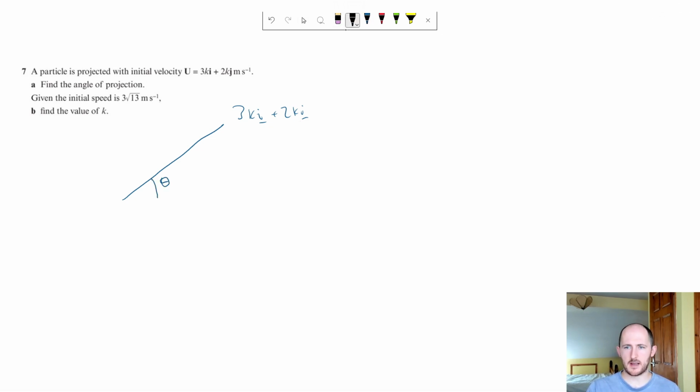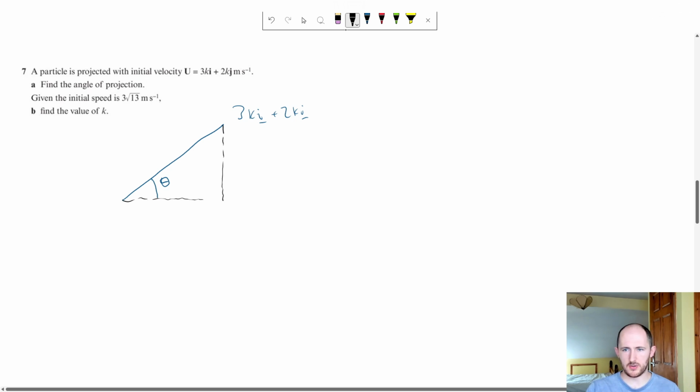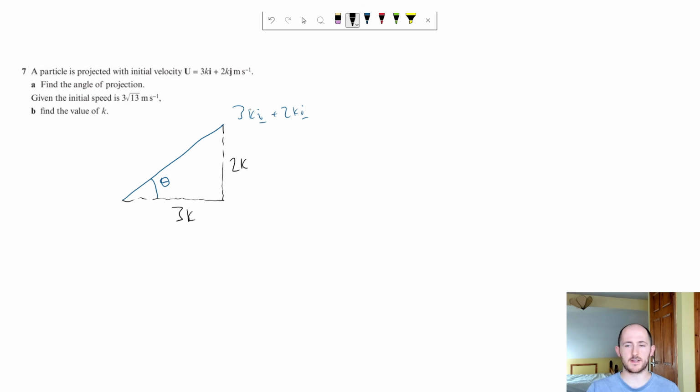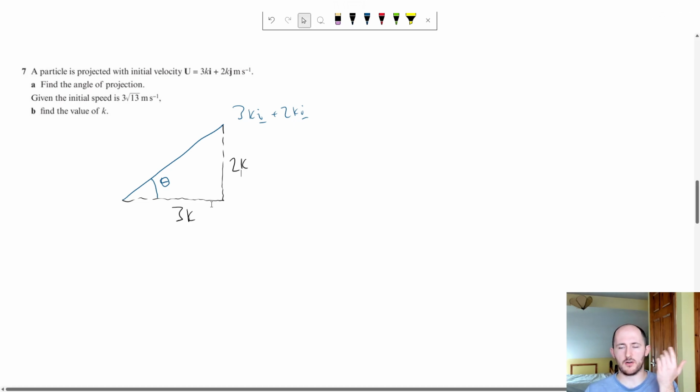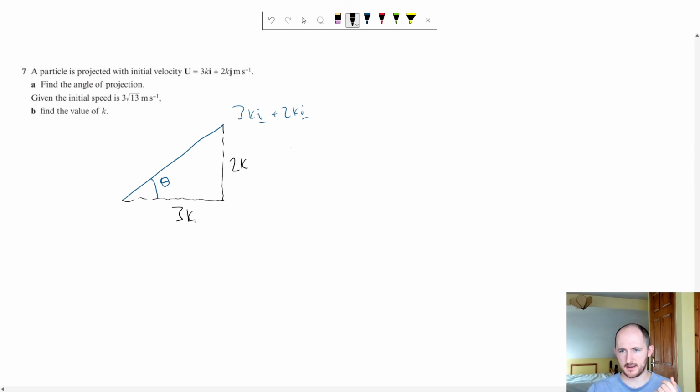Now, we can break this up into horizontal and vertical components. The really good news about IJ notation is the first number is literally just the horizontal part, and the second number is the vertical part. Now it's a simple matter of trigonometry. We have opposite over adjacent, so we have tan. So tan theta equals 2k over 3k.